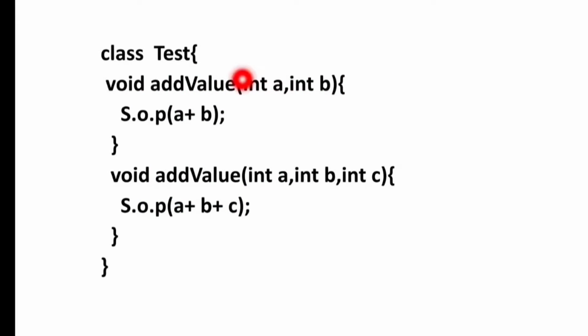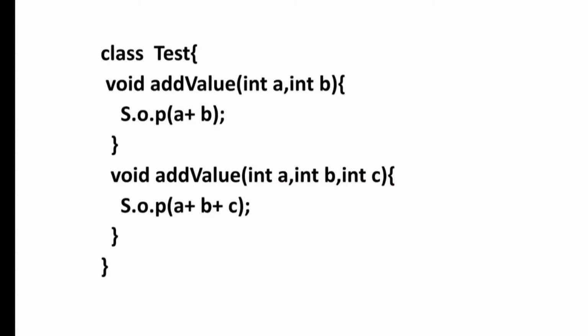Or we can define polymorphism in another way. Now see here, poly means many and morph means form or behavior. This method takes two integer values as input, right? And this method takes three integer values as input, right? So the input of this method is different, and hence this method will behave differently based on its input. And the input of this method is also different, and hence this method also behaves differently based on its input, even though the method name is the same.